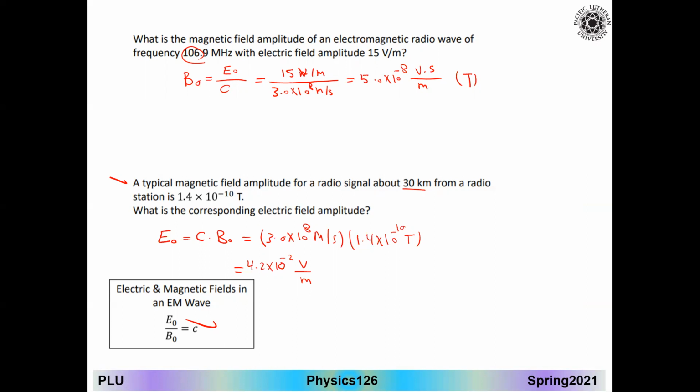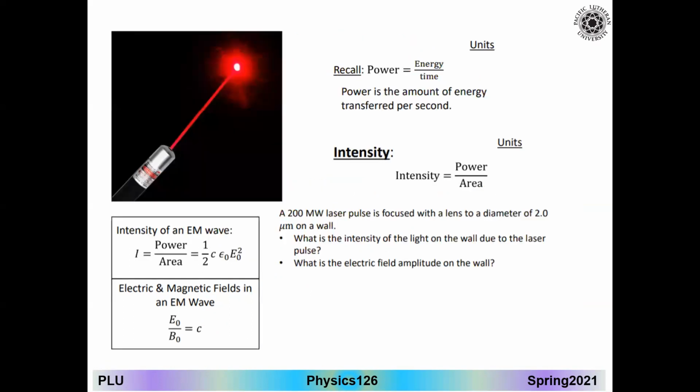So let's move to the second topic here: how to calculate the intensity of EM waves. The starting point is power, which as a general concept is defined as energy per time, the ratio of energy to time.